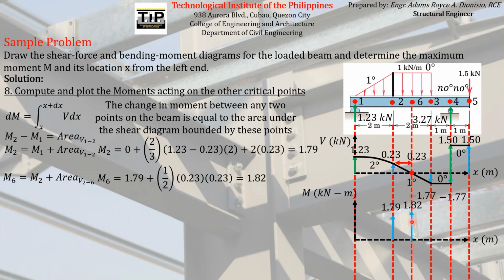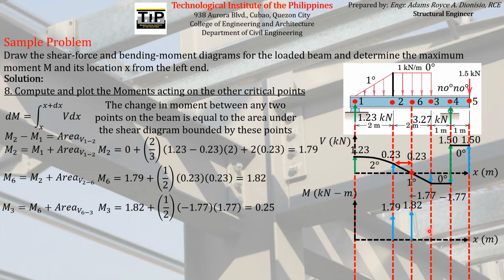So we will just continue finding the other bending moments at the other critical points, point 3, point 4, point 5. Using the same analogy, we can compute the bending moments at the other critical points, say for example point 3.